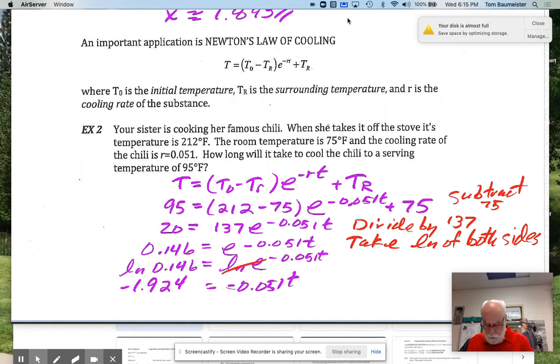And then I'm going to divide by negative 0.051, and that'll give us that our t is approximately 37.7 minutes.